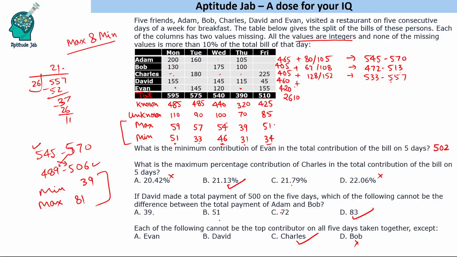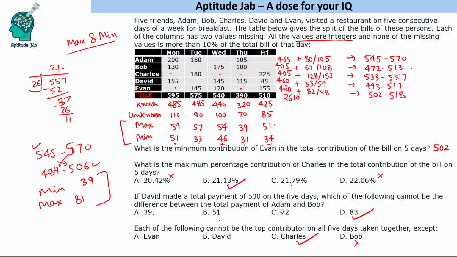Let us verify, if you want to check. So his contribution can be in the range 33 to 57, so his minimum will be 493 and maximum will be 517. And then we have this person, whose minimum is 82, that is 502, which we calculated in the first question, and the maximum he can contribute is 98, so that is 518.